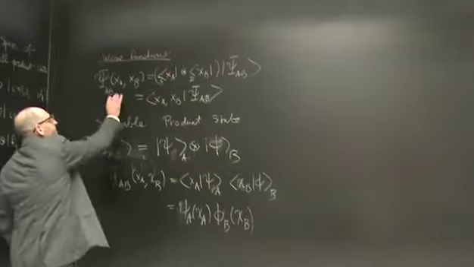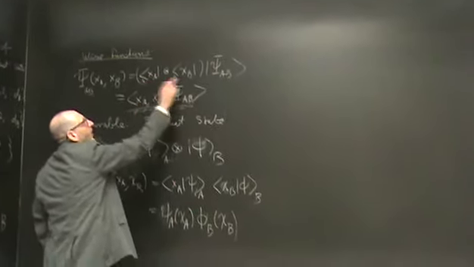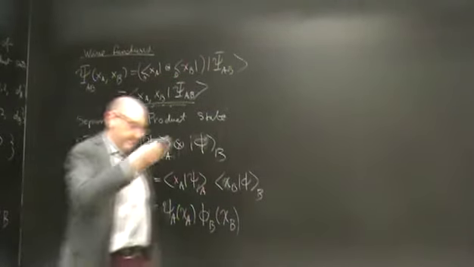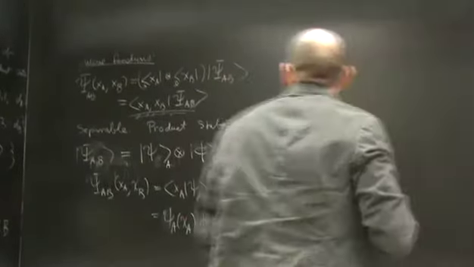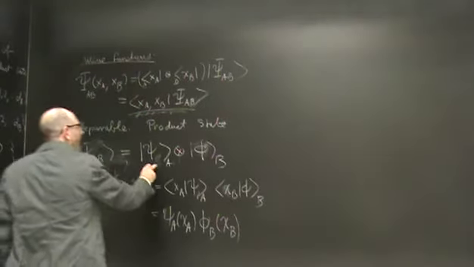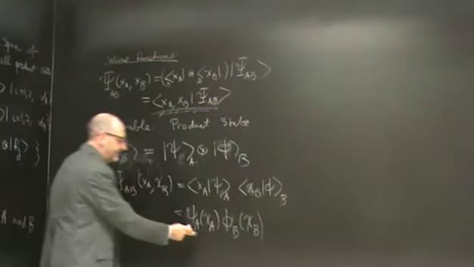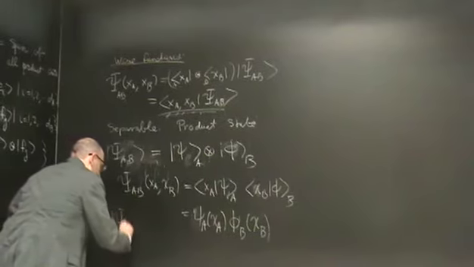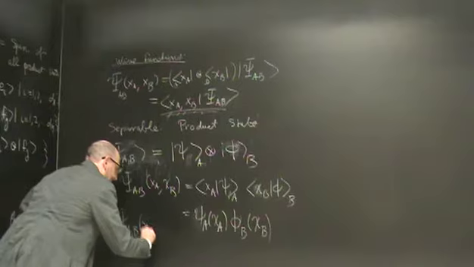So the wave function for this thing is given by this, where these are the position eigenvectors of particle A and particle B. If the state was a product state like this, the wave function in this case is just the product of wave function A and wave function B. And that means the joint probability distribution factorizes.